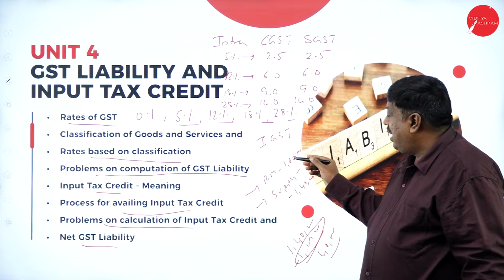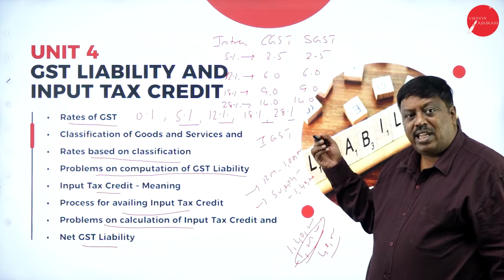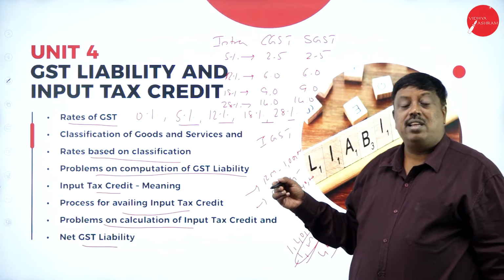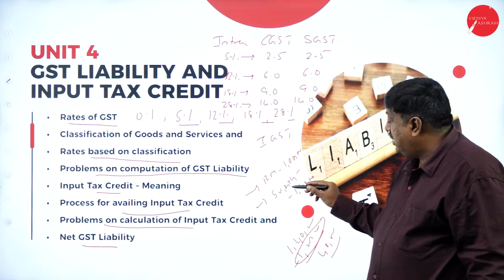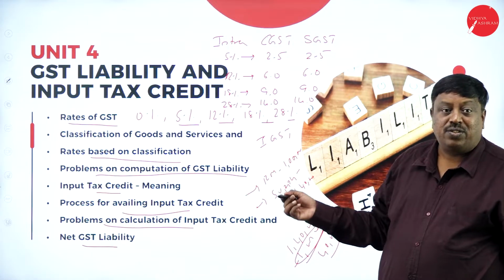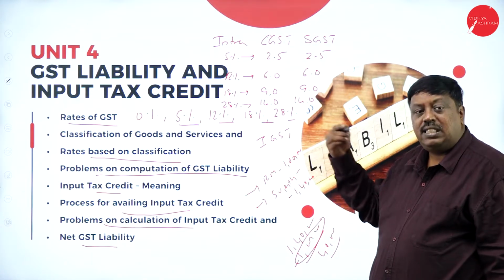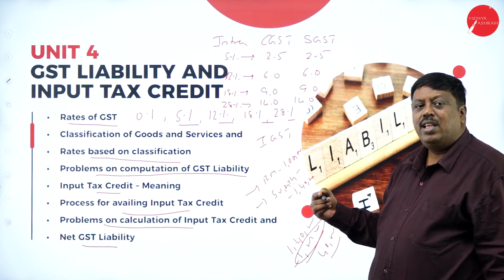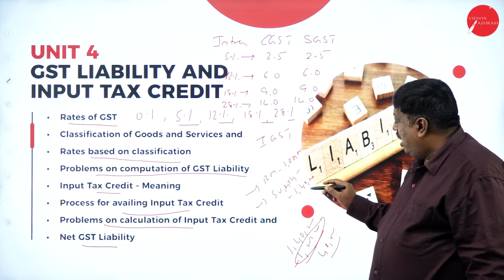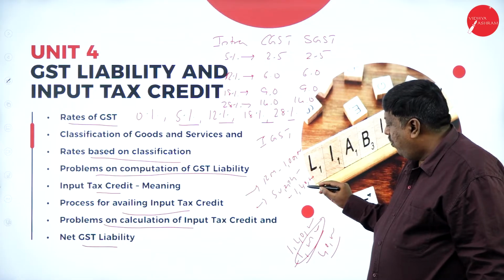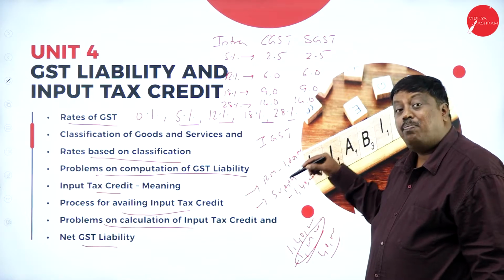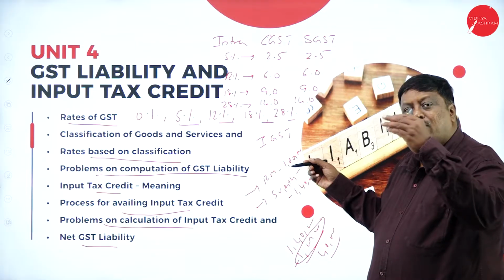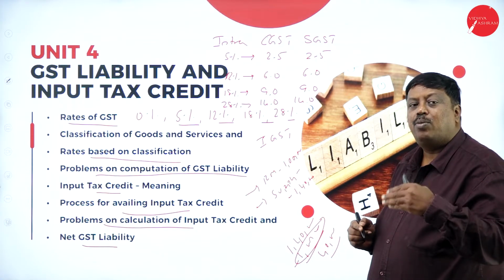Whatever tax he has paid, that benefit can be taken by the manufacturer whenever he sells, supplies or transfers the goods to another person. When he collects the GST from the consumer, out of whatever amount he collects, the amount he has already paid to the government will be deducted, and the remaining amount he has to pay.